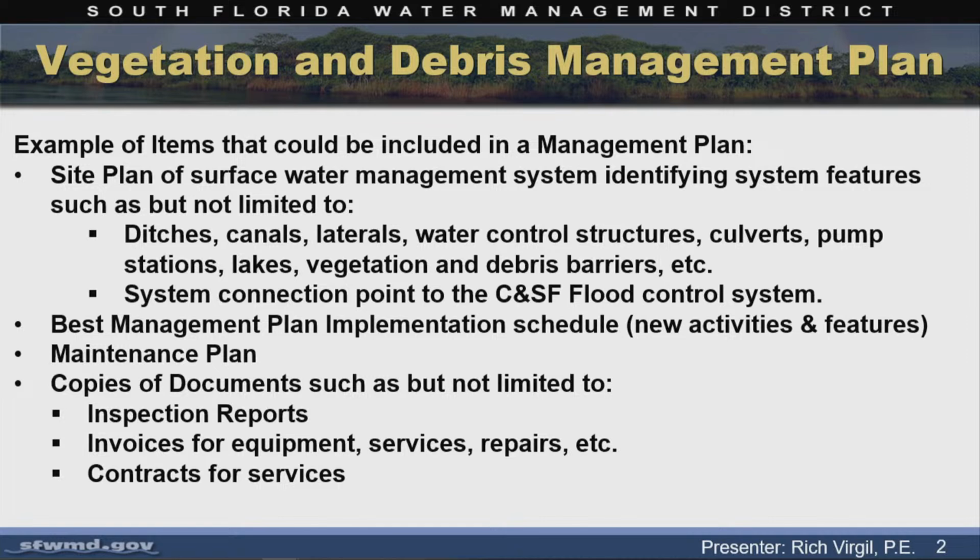In some cases, the maintenance plan could be something along the lines of a contract with somebody that's going to do monthly maintenance or quarterly maintenance for you. A lot of HOAs out there that connect to the system typically contract with a firm to come in and take care of their lakes for aquatic weed control and algae control and trash and vegetation.